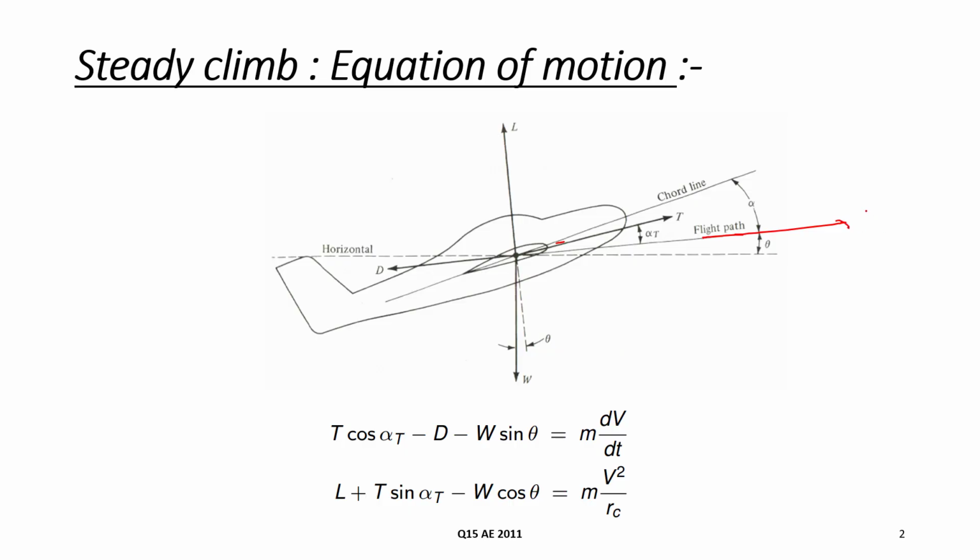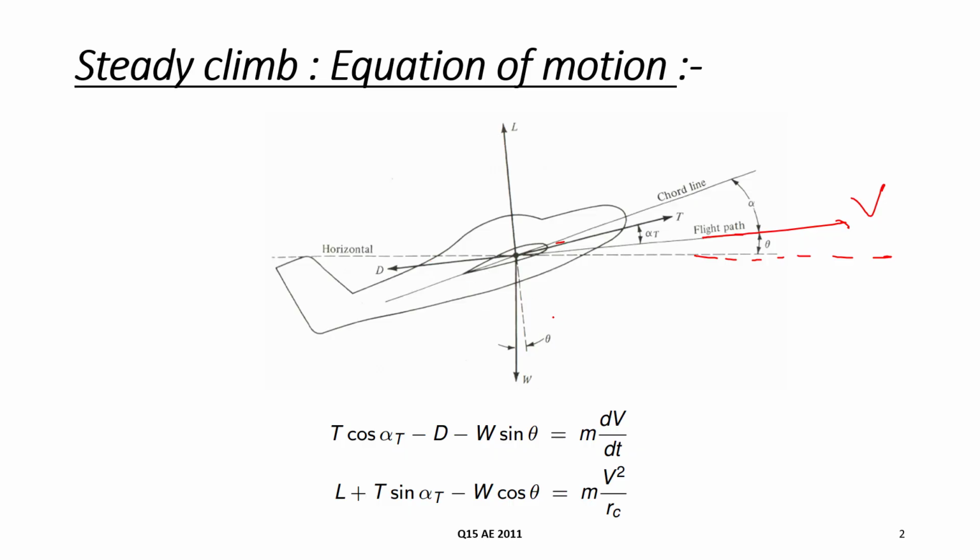The flight path is with the velocity V, and this flight path is making angle theta with the horizontal. Lift is perpendicular to the flight path and drag is along the flight path in the opposite direction. Weight is acting vertically downward. So this angle will also be theta.